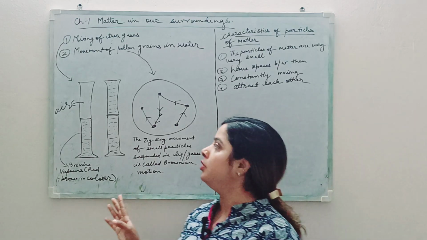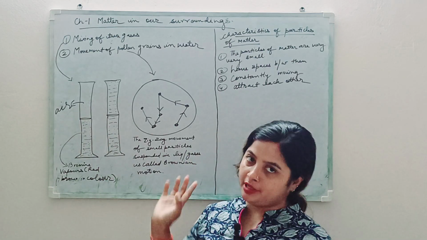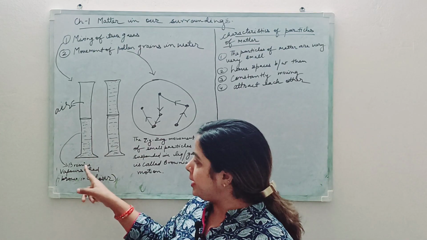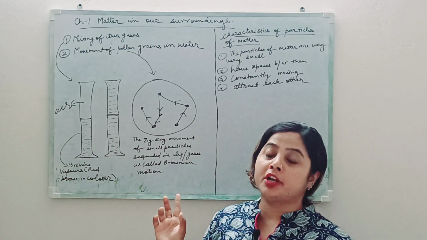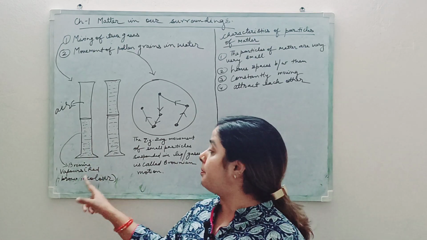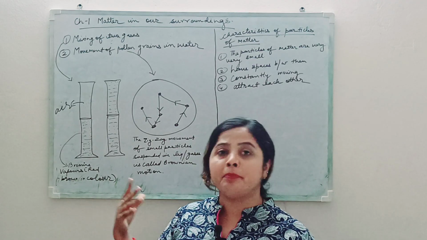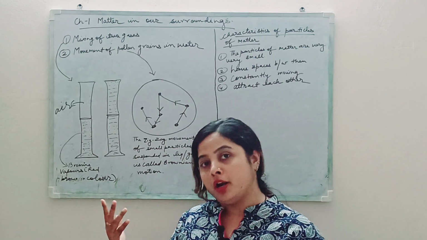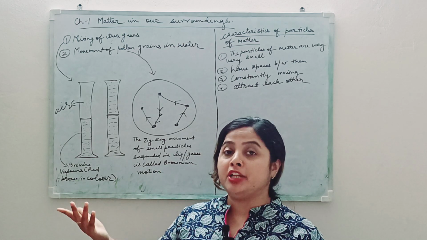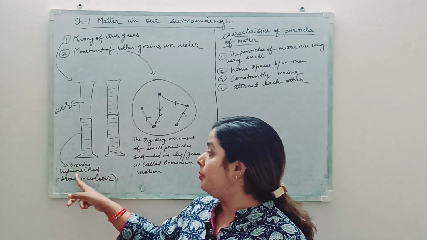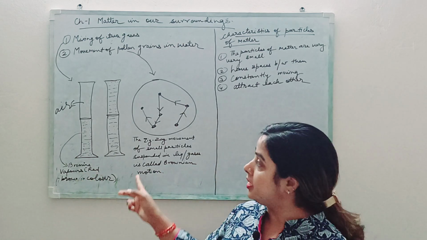Again, I am repeating that I have taken two cylinders. The first cylinder contains bromine vapor. And what is the color of bromine vapor? Red brown. You should remember this. If you are preparing for the Olympiads or for your examinations, you should know that bromine vapor is red brown in color.